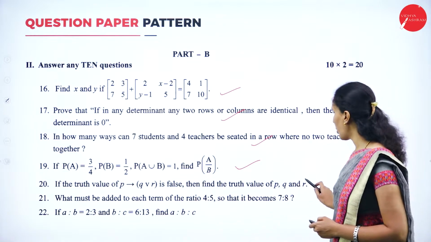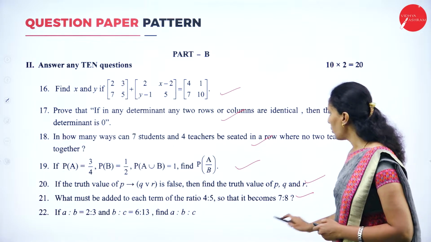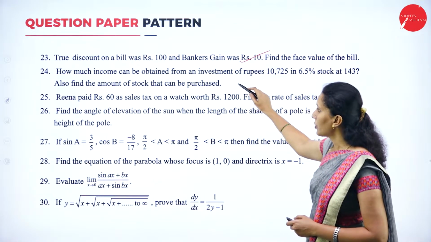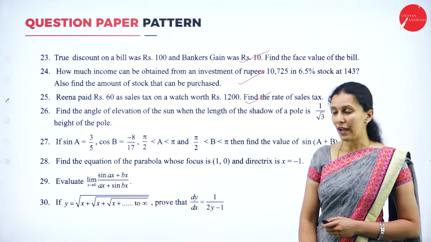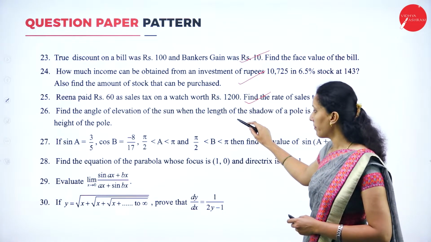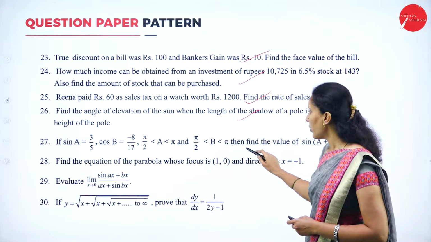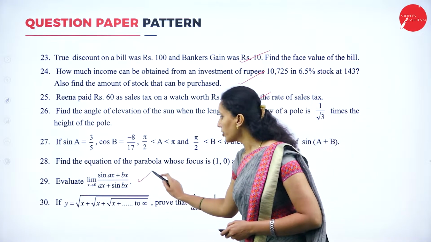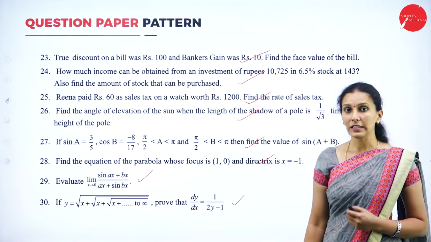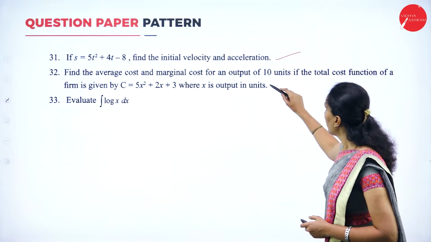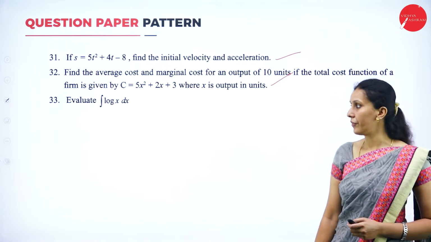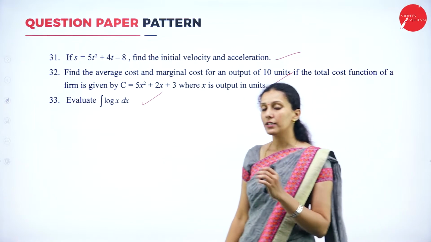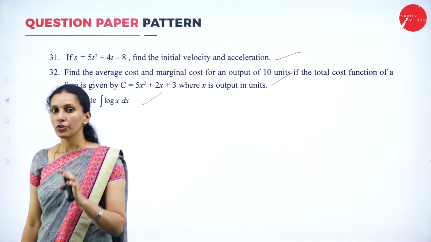You will have a question from mathematical logic, 2 questions from ratios and proportions, bill discounting, stocks and shares, sales tax and value added tax, and 1 question from heights and distances, 1 question from trigonometry, 1 question from parabola, 1 question from limits, and 1 question from derivatives. Next, you will have 2 questions from the applications of derivatives and 1 question from the chapter indefinite integral. So these are the questions you may expect for 2 marks.